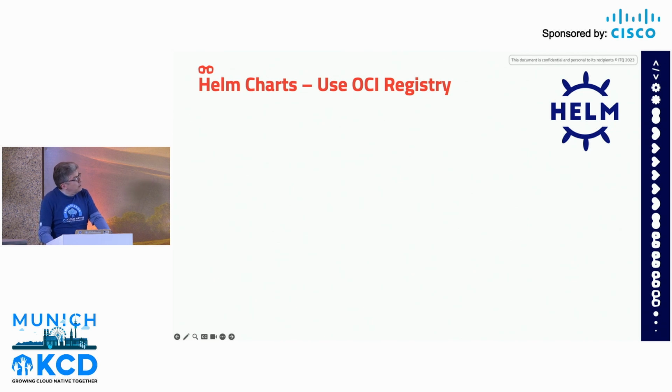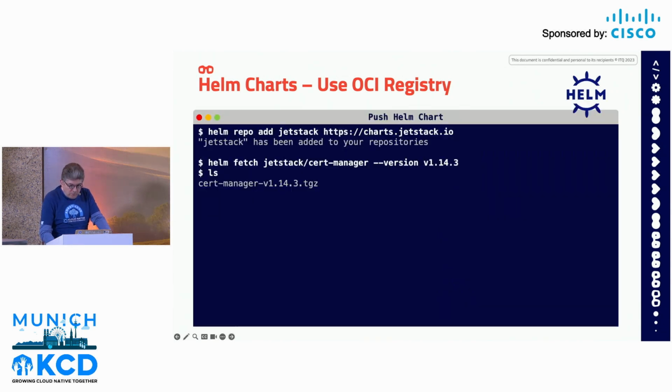And the implementation they did at that time is compliant with the new specification. So you use the usual command to fetch a Helm chart from the HTTP endpoint. So here is cert-manager, mostly the first package I installed on a Kubernetes platform. Then you get the tarball with the Helm chart inside.